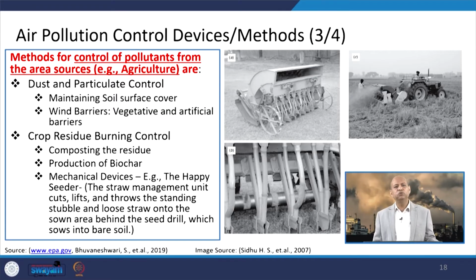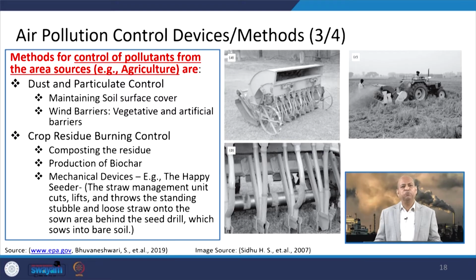Then crop residue burning can be controlled through composting the residue or production of biochar. Then mechanical devices are also there, like the Happy Seeder and straw management units, which cut, lift and throw the stubble, the loose straw, onto the sown field, and this can be used in a better way.